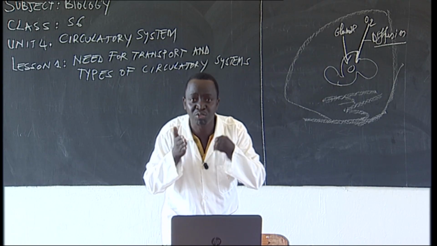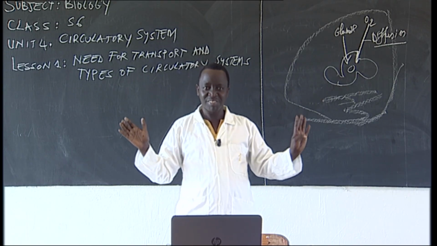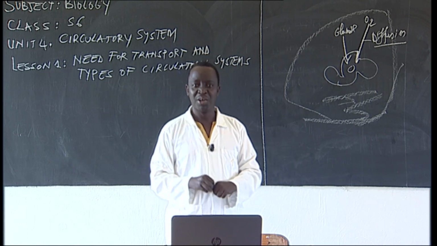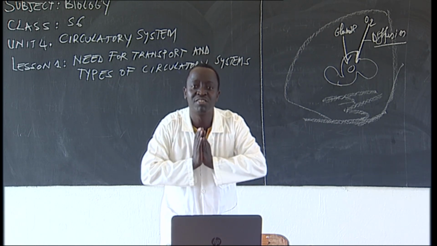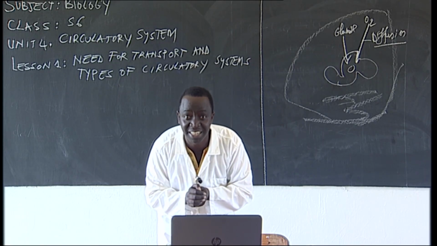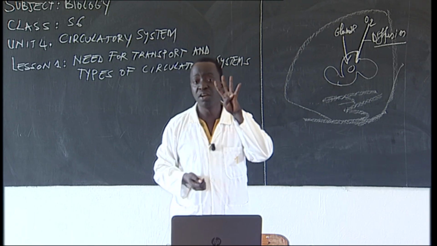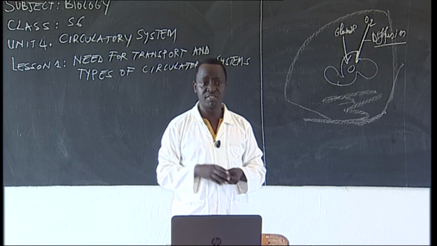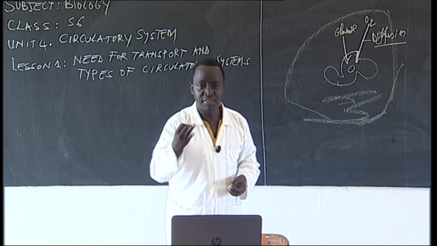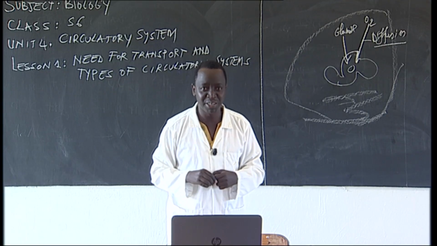Because blood doesn't have legs so that it can move. No. It has to pass through those tubes, those blood vessels. Are you understanding? Are you getting the point? Nice. All those three are features of a good transport system: blood, heart, and blood vessels. Are you getting something?